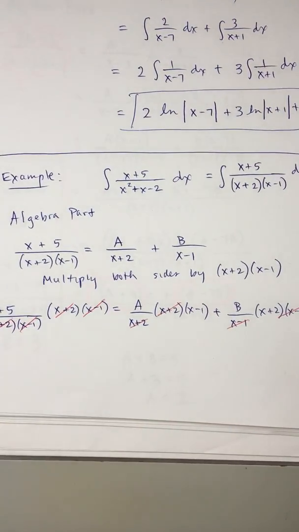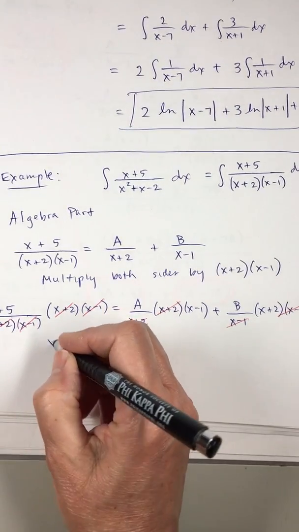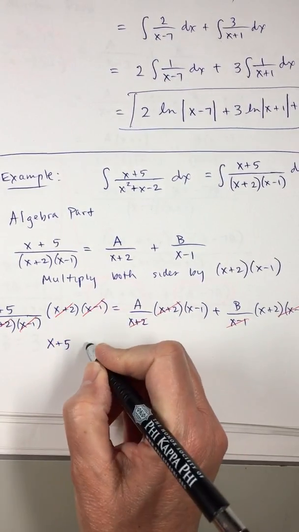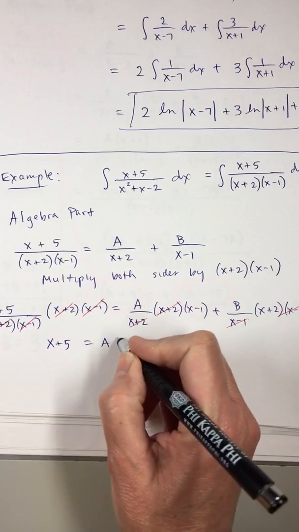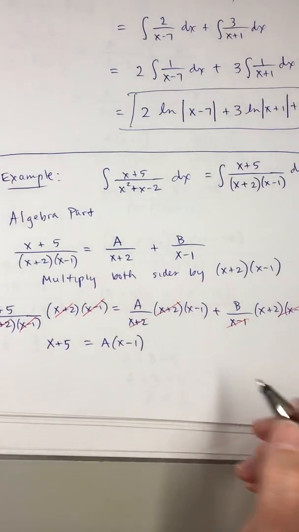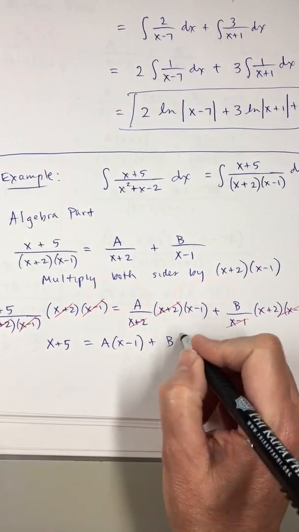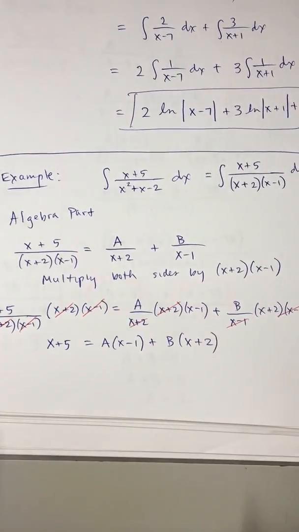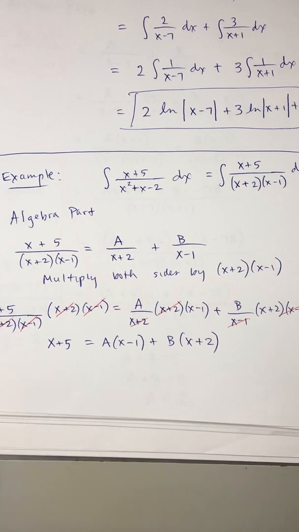And you simplify this, you'll end up with x plus 5 equals a times x minus 1 plus b times x plus 2. You could do what I did on the last problem, which was multiply out like terms, get them together, equate coefficients. But there's something else you can do that may be a little bit quicker, and it's this.